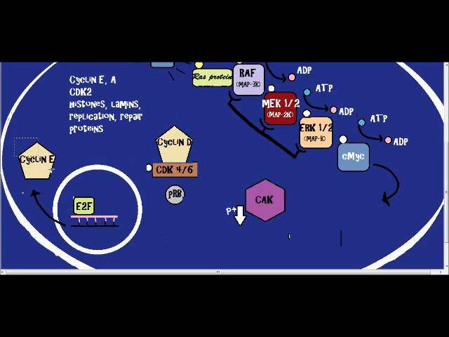So what happens is cyclin E will bind to CDK2, and this complex, once activated by a CAK of course, will also phosphorylate pRB again. And so you have more E2F being produced and more cyclin E being produced, and this results in an amplification of the response. And now the checkpoint has been passed.